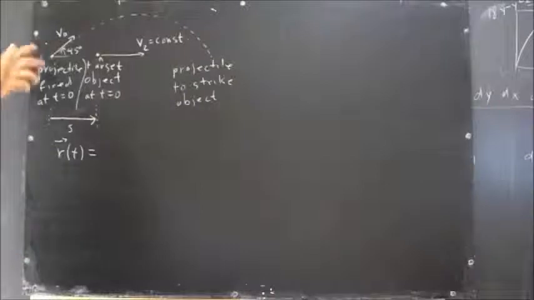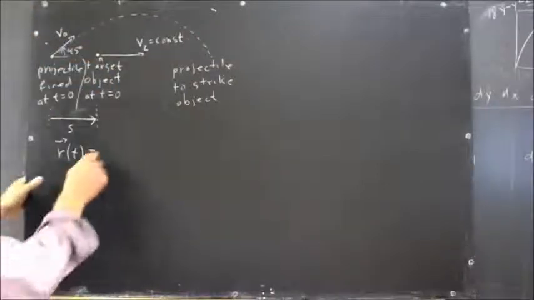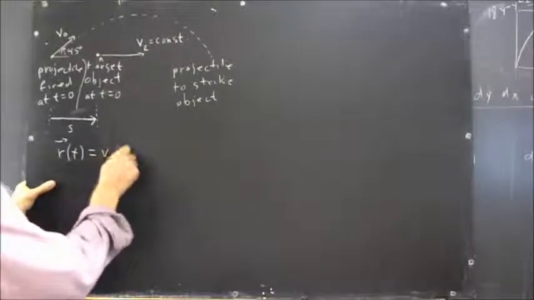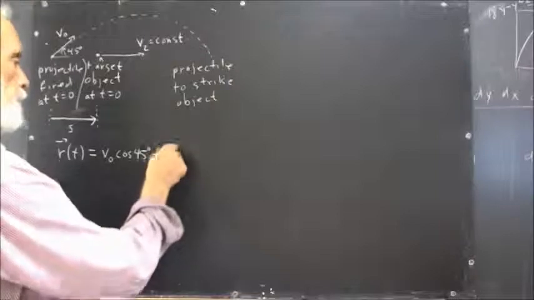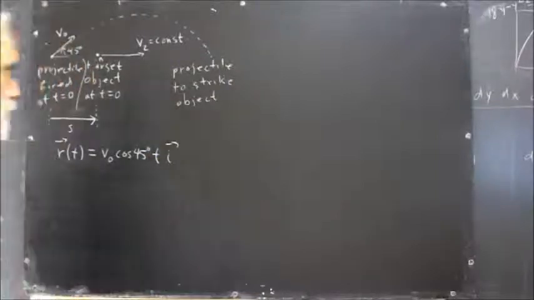The x of t is just going to be v naught times the cosine of 45 degrees times t. That's going to be your i component.